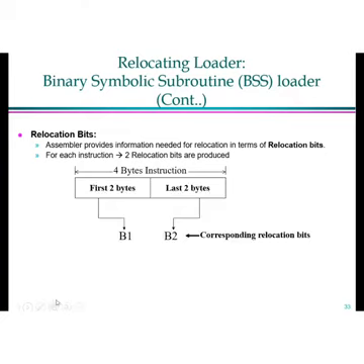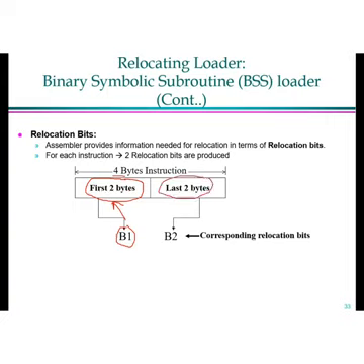I'll show one diagram which will help you to understand here. Suppose your instruction is of 4 bytes. Out of these, the first 2 bytes are identified here, and one relocation bit B1 is allocated to that first 2 bytes. So this B1 will identify whether you require relocation in the first half of your instruction. If no, it will be 0.